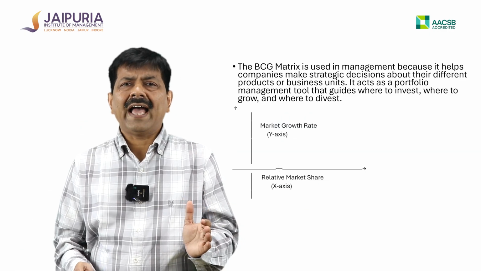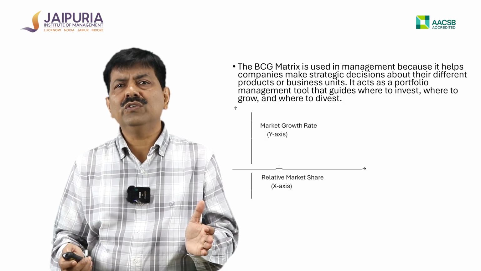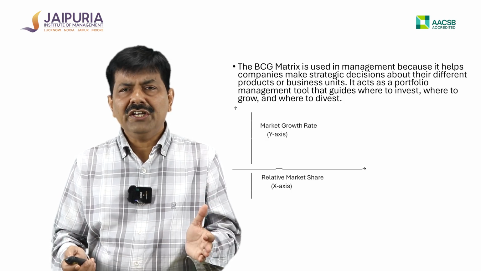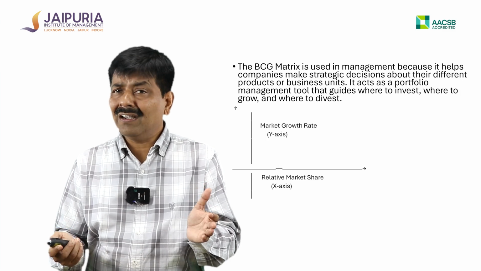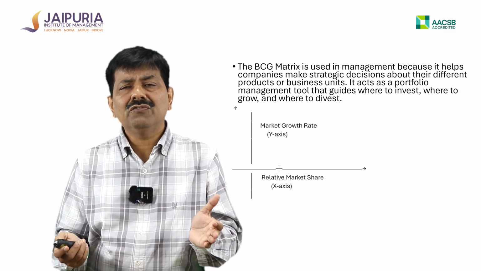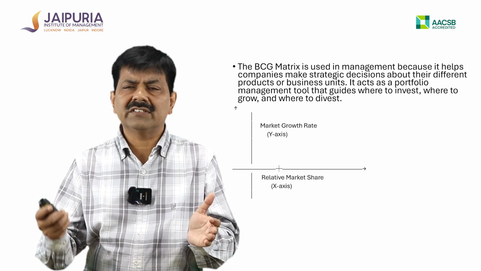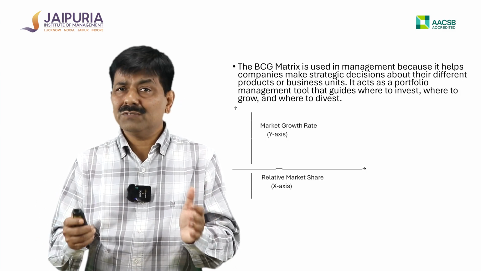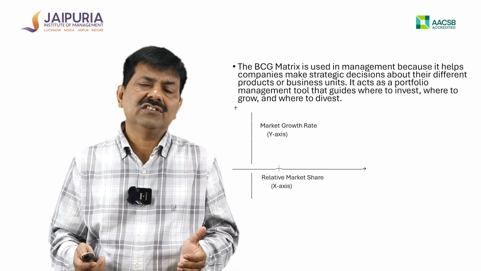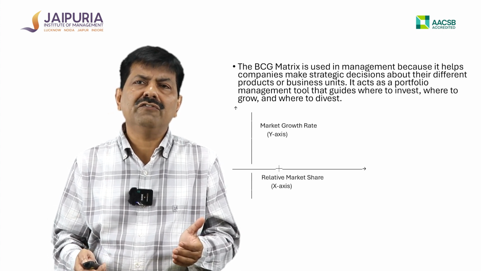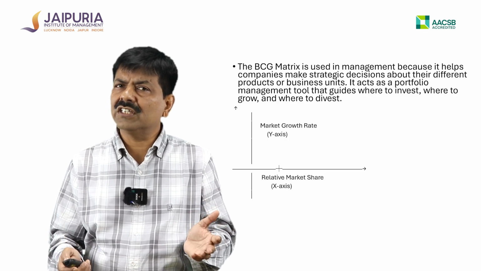So a company has to think about which sectors it will invest in aggressively, in which sectors it will invest moderately, and in which sectors it will divest, siphoning money and taking it to some other sectors which are growing, right? These decisions can be taken with a portfolio analysis, and the BCG Matrix is considered a very good strategic framework or tool to do such analysis.